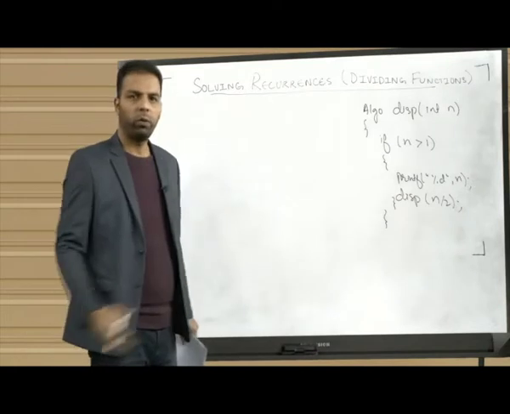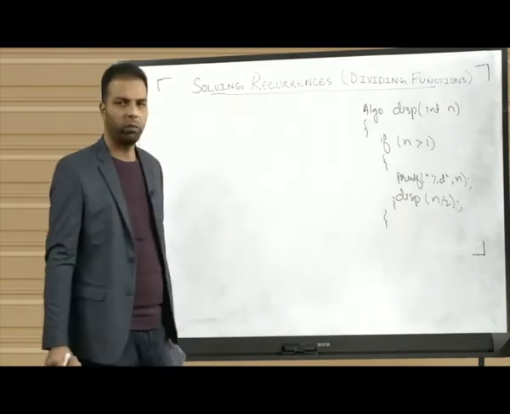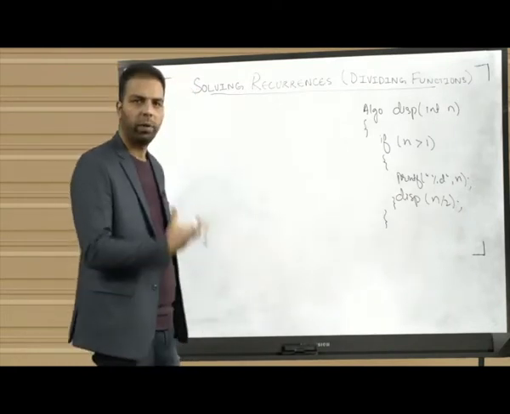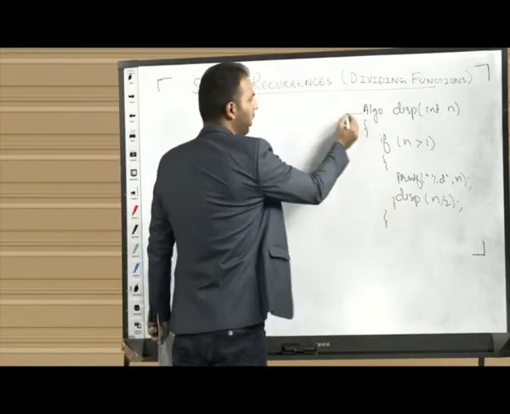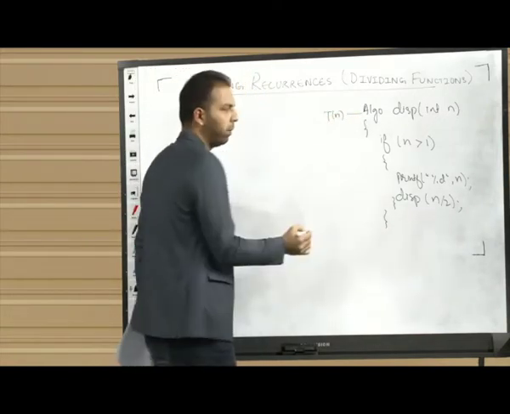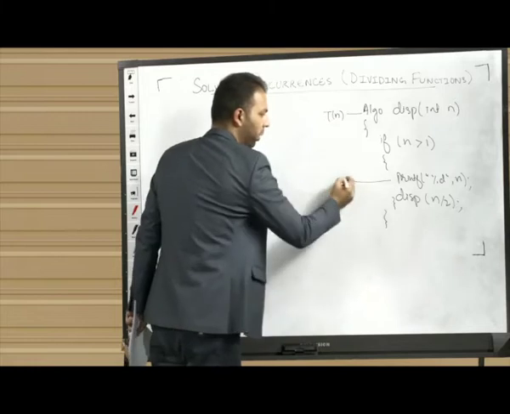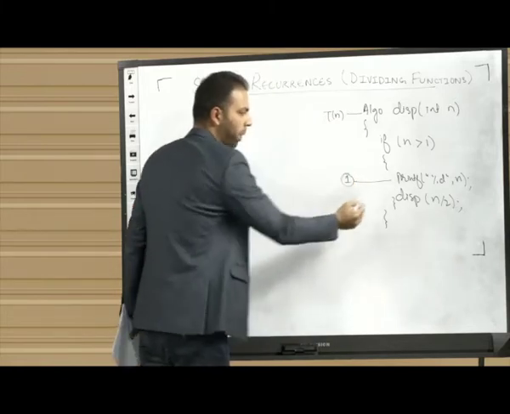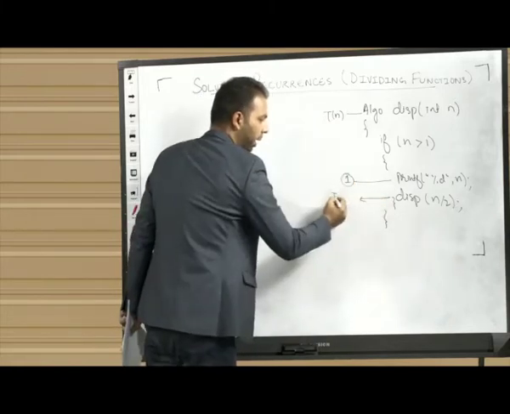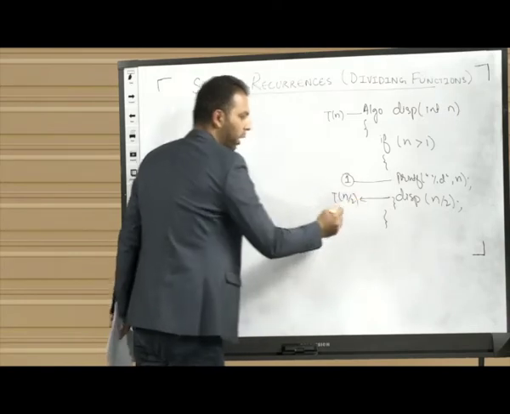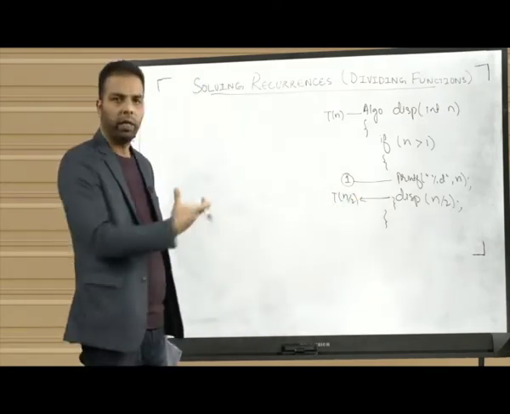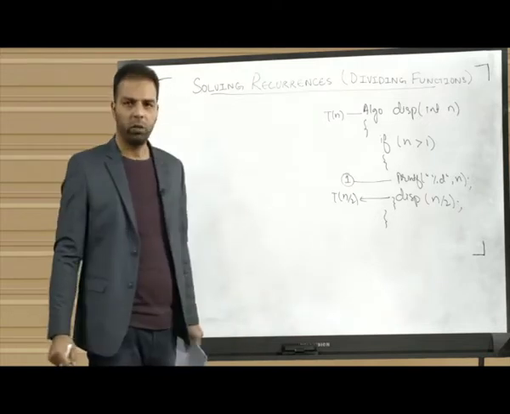If we try to see the time complexity of this algorithm, as we have seen earlier in previous examples, the time complexity T(n) will be equal to, this statement will take a constant time, and then this statement will take the time taken by this algorithm, but here the size of the problem is n by 2.